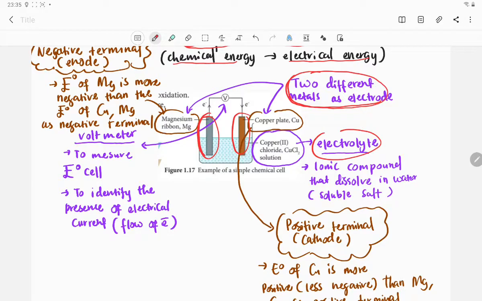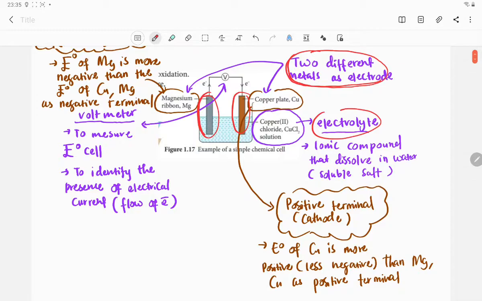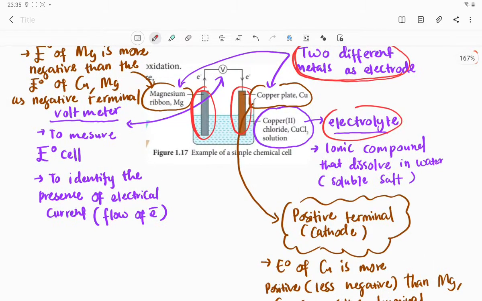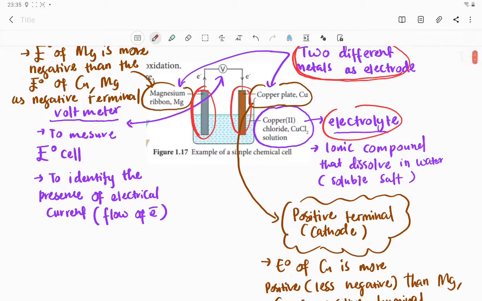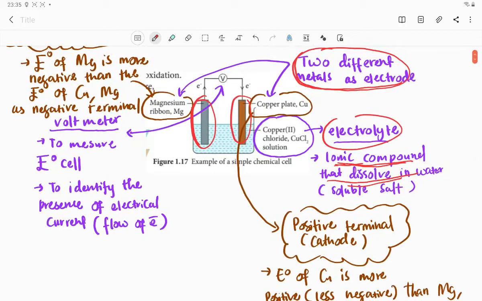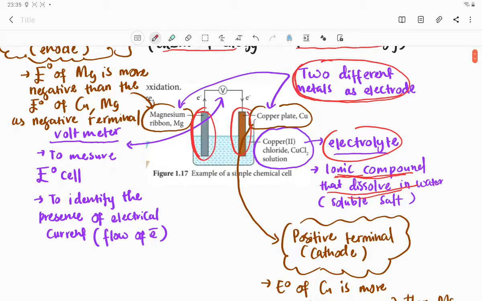Okay, electrolyte, and ini kita akan bincangkan in details what is electrolyte, but to simplify what electrolyte is, electrolyte is ionic compound that dissolve in water. Okay, so you have solution of ionic compound.